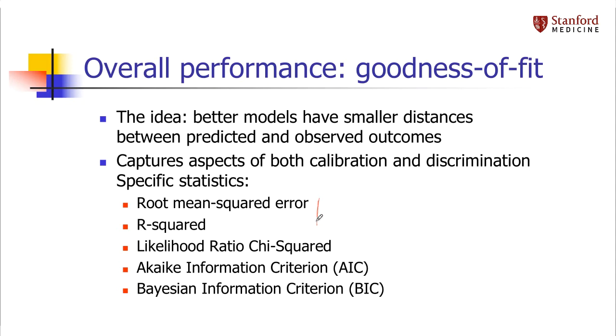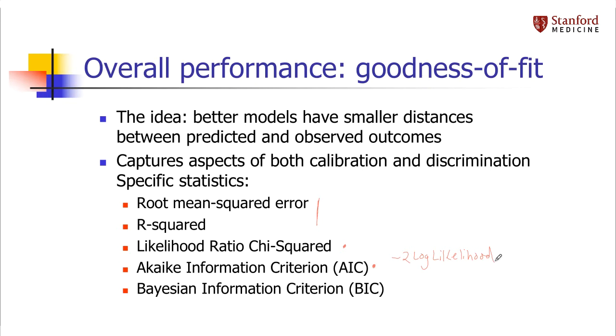In this course, we've talked about the -2 log likelihood in the likelihood ratio statistic. We use that actually to compare nested models. So in fact, to look at overall model performance, we usually instead look at the AIC, which is directly related to the -2 log likelihood. So remember, the -2 log likelihood comes out of any model where we're doing maximum likelihood estimation, such as a logistic regression.